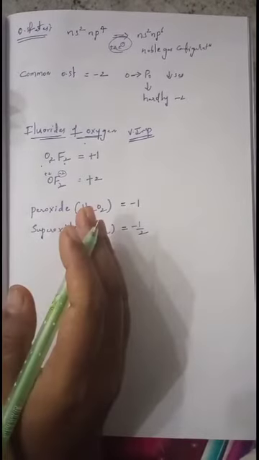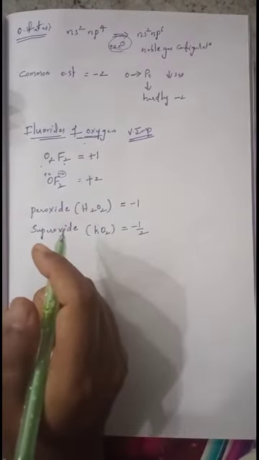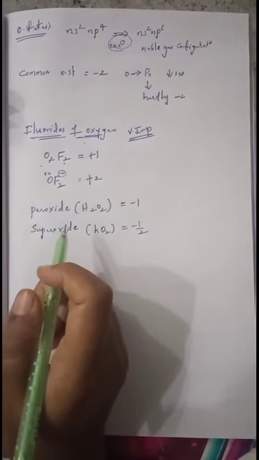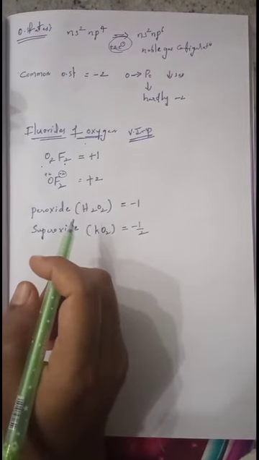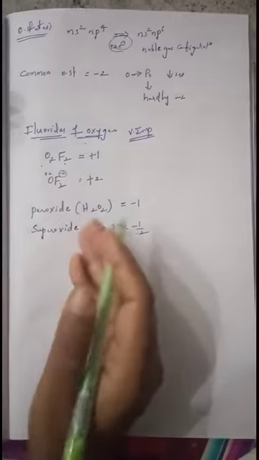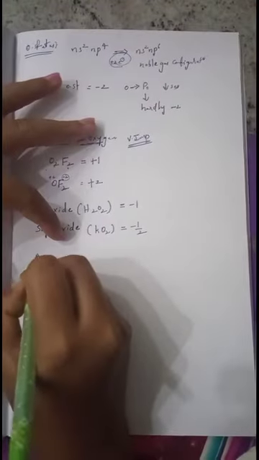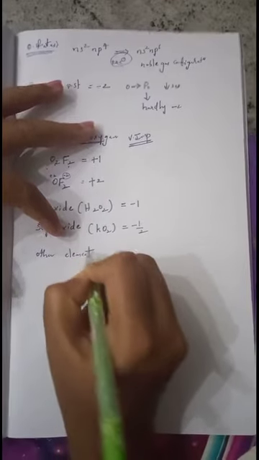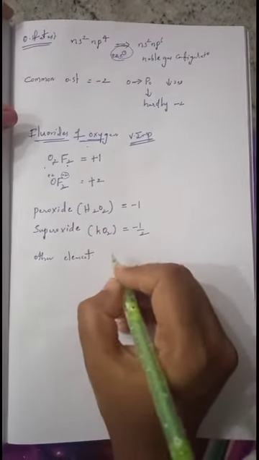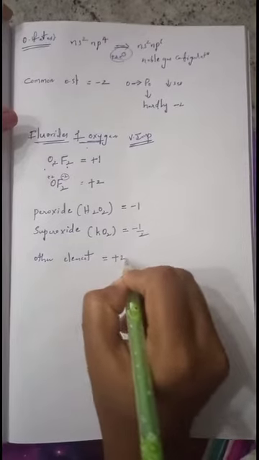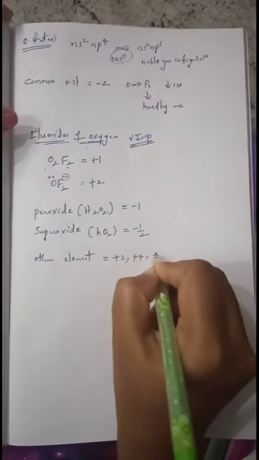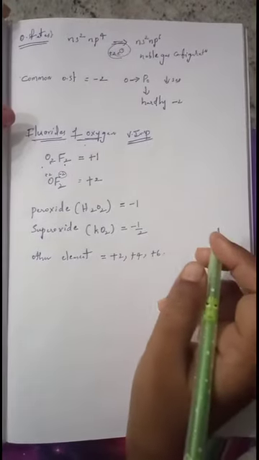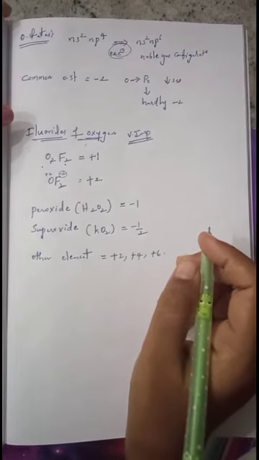Oxygen does not show an oxidation state beyond +2 because of the absence of vacant d orbitals. It cannot expand its oxidation state. Other elements in this same group, like sulfur, selenium, and tellurium, can show +2, +4 and +6 oxidation states due to the availability of vacant d orbitals.